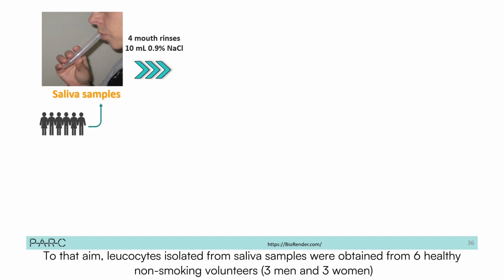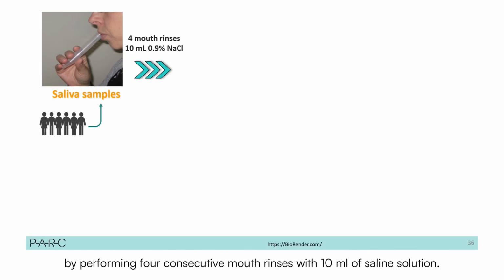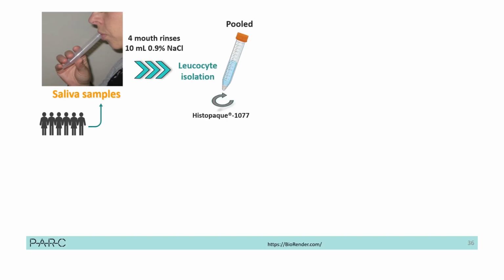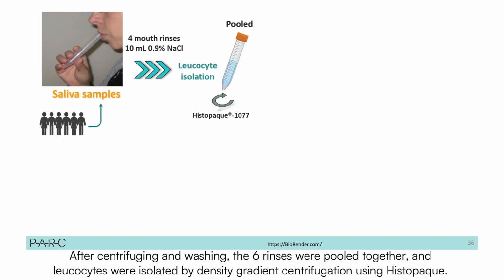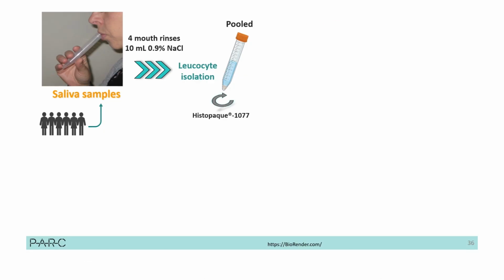To that aim, leukocytes isolated from saliva samples were obtained from 6 healthy non-smoking volunteers, 3 men and 3 women, by performing 4 consecutive mouth rinses with 10 milliliters of saline solution. After centrifuging and washing, the rinses were pooled together, and leukocytes were isolated by density gradient centrifugation using Histopaque.